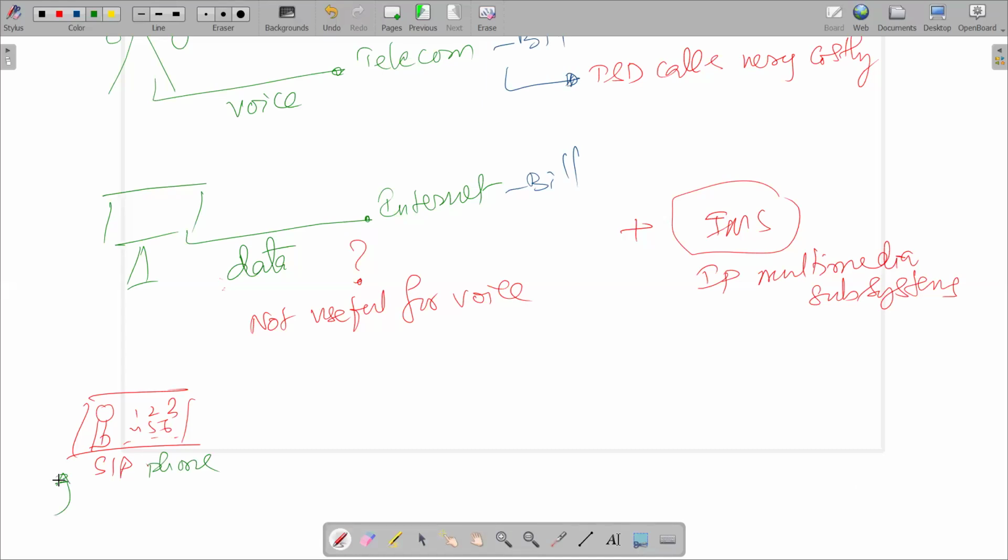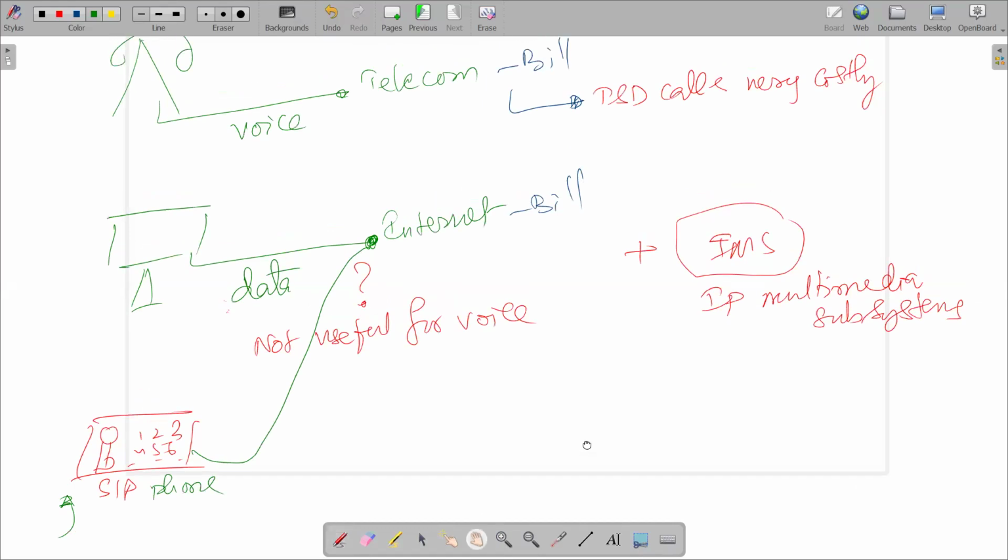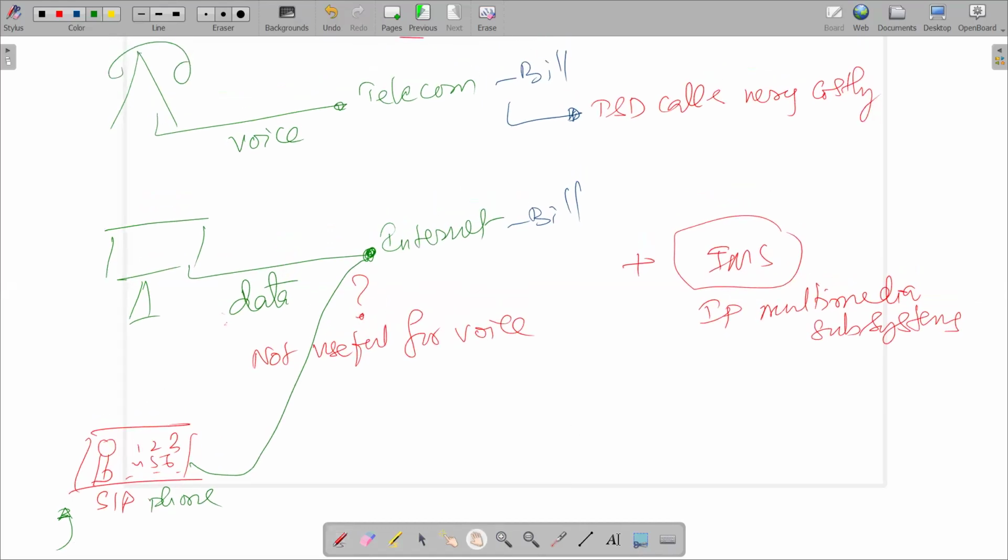Most offices are using SIP phones, where the SIP phone connects directly to the internet, so the landline was eliminated. What they have done is club the internet and IMS together, internet plus IMS.